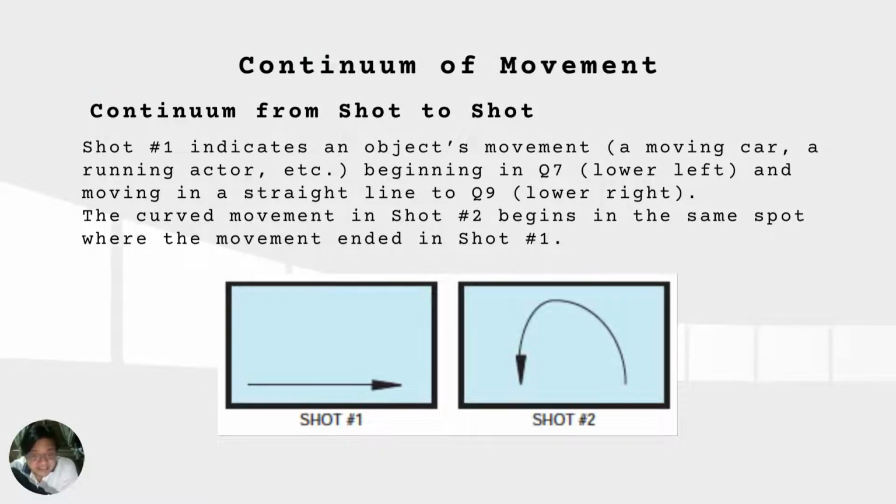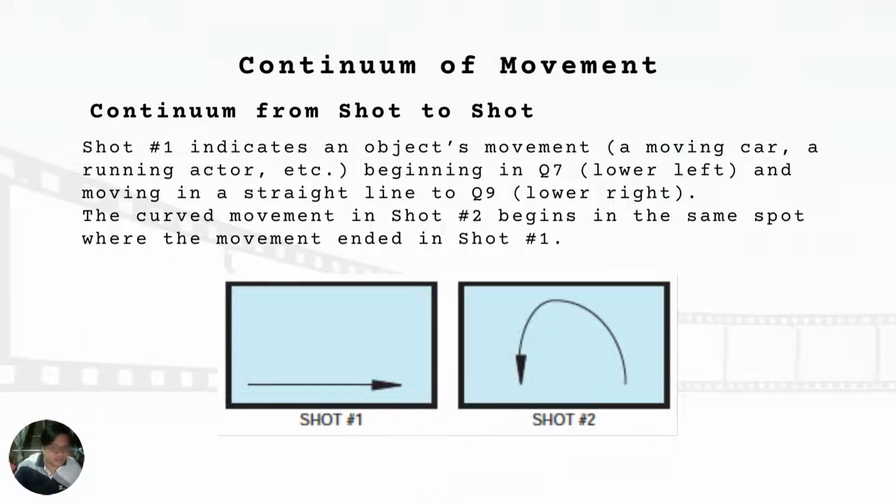Now, the curved movement in shot 2 begins in the same spot where the movement ended in shot 1. So for shot 2, it's in quadrant 9 or your lower right, then it curves towards quadrant 7 or lower left. So, that's shot 2. So we have two shots now.